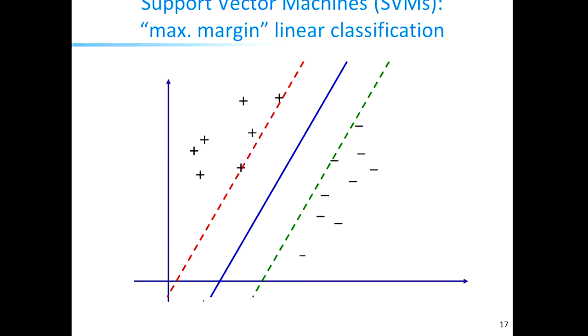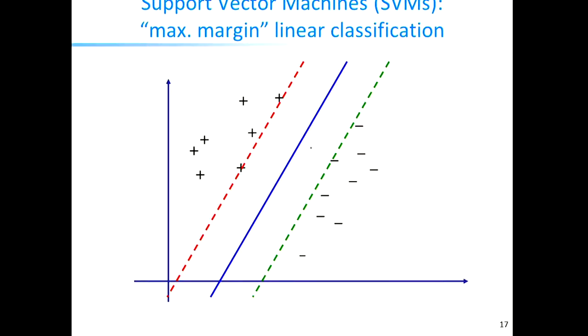Suppose we consider this candidate decision boundary in blue here. Now, the red and the green dashed lines are decision boundaries that are parallel to the blue one, at the same distance away from the blue one, and pushed as far as possible until they touch the examples from both classes.